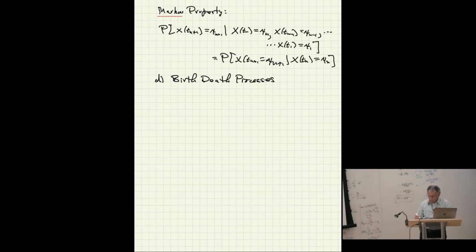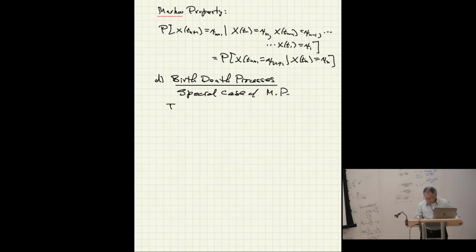Now, some of you are familiar with all of what I'm talking about here. Some are not, so I'm going to go through a bit of detail. First of all, a birth-death process is a special case of a Markov process. The defining condition is that you move among nearest neighbors only.